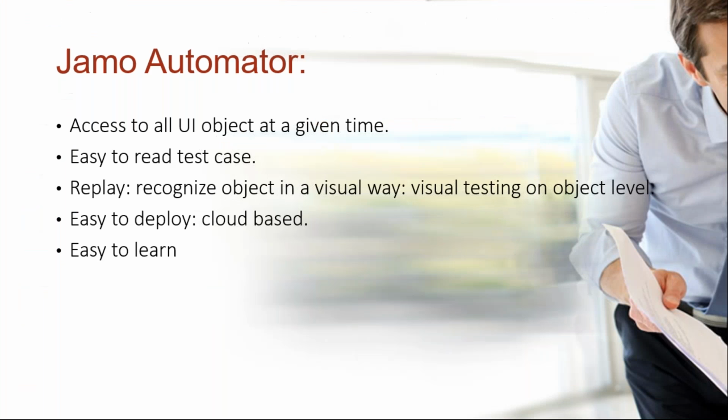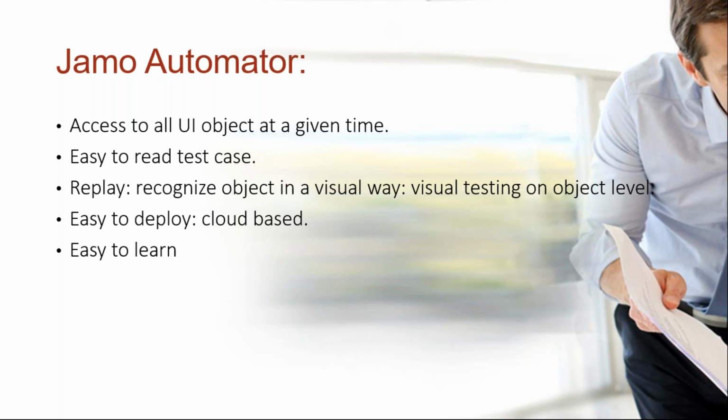What did we see until now? We did see that we can record a test script, we can replay a test script, that the test script itself, or the automated test case, gives you access to all the UI objects so that you can create your verification points, that you can create synchronization points, and so on.